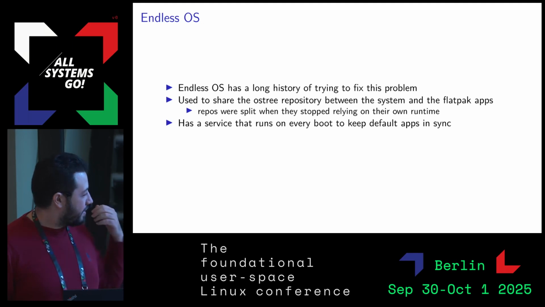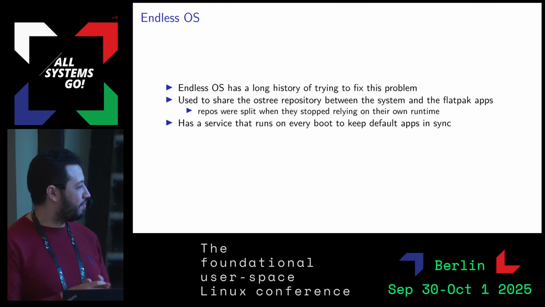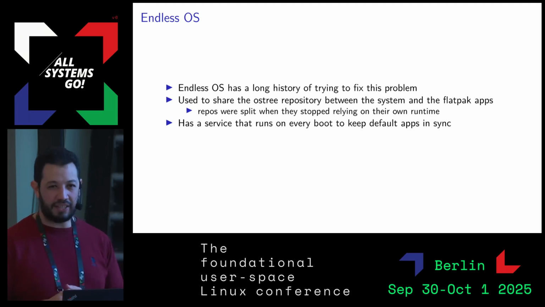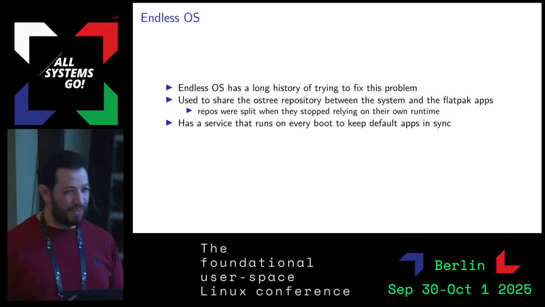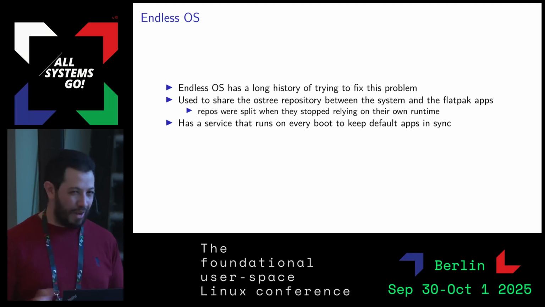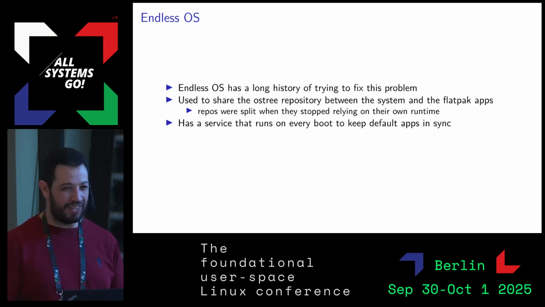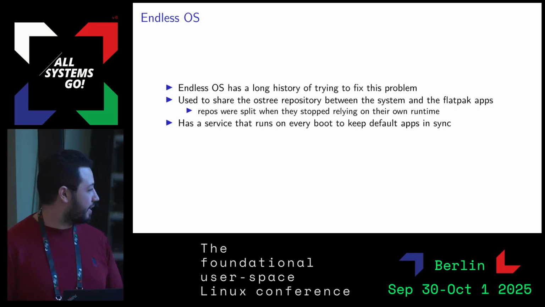Yeah, they have a service that runs on every boot to keep the list of apps, the default apps, in sync. I haven't dug too deep into that, but yeah, they tried to fix this. They have some legacy stuff, things that didn't work and they had to work around them and things like that.